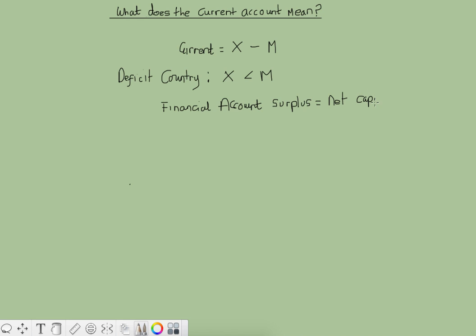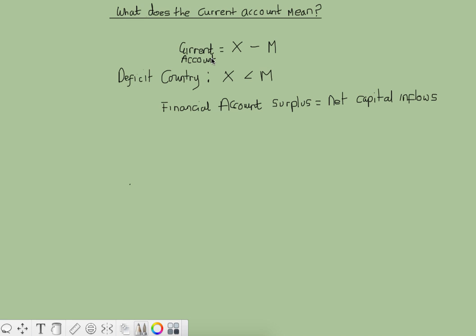So to be very casual about it, let's say some deficit country exports $10 billion worth of goods and imports $12 billion worth of goods, then they have a deficit on the balance of trade, which is also the deficit on the current account, equal to $2 billion.